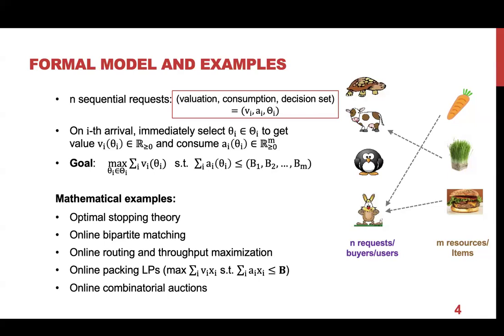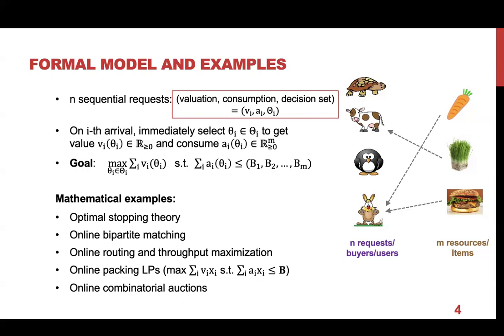Online packing LPs are again a very fundamental example with tons of real world applications, where you want to maximize the sum of v_i x_i subject to A x less than or equal to B. Here the columns of the matrix A, the a_i, arrive one by one. As soon as the ith request is revealed, you have to immediately set x_i. x_i is your decision, so as to satisfy the budget constraints.